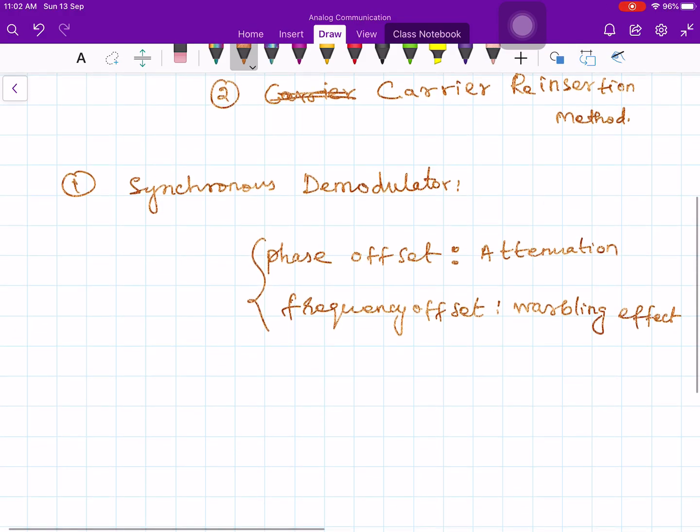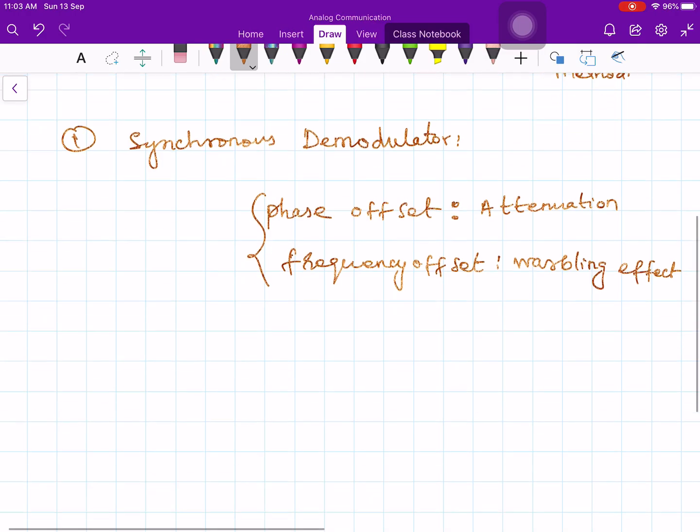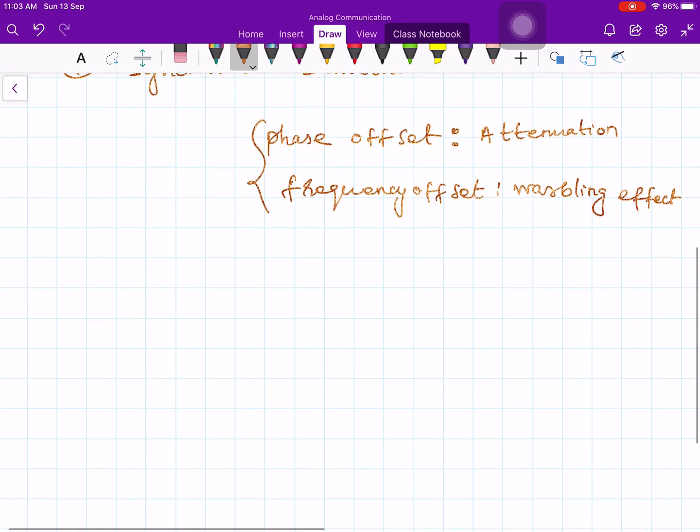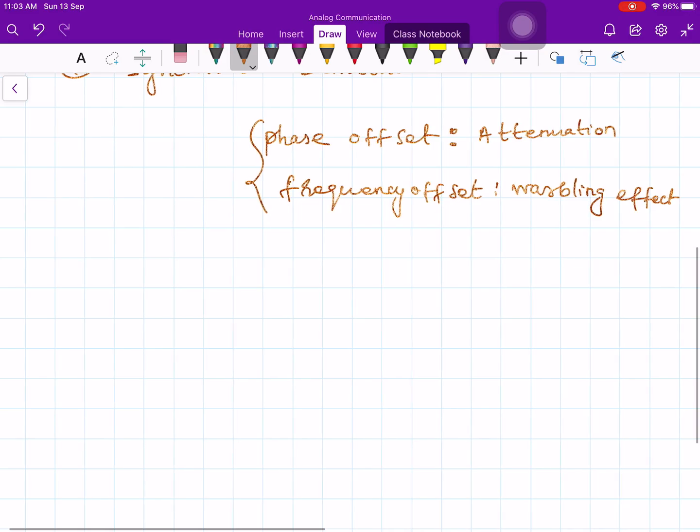Now let us continue this for our single sideband modulation also: how we can demodulate. What will be the case in SSB? Suppose you are using a coherent demodulator, and there is a phase incoherence, what will be the effect?